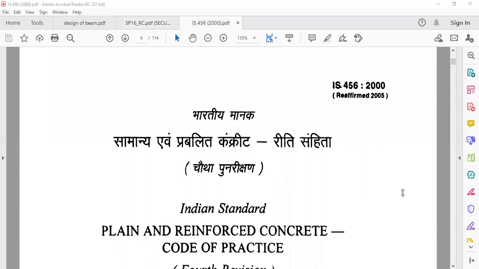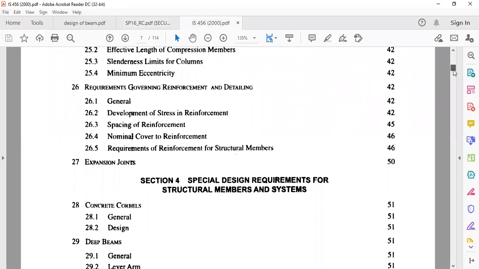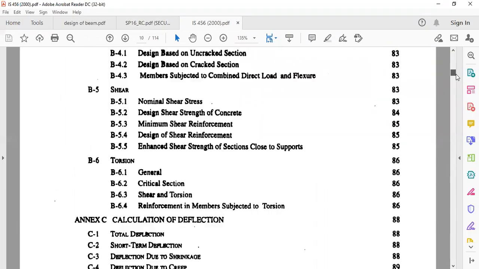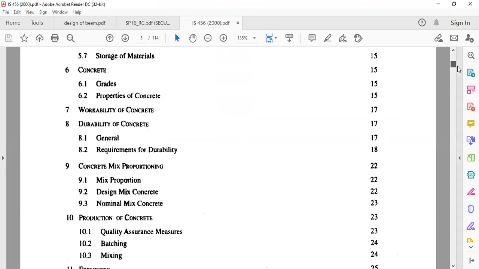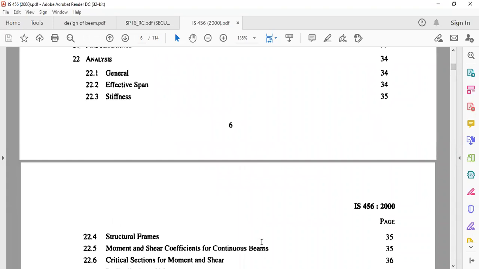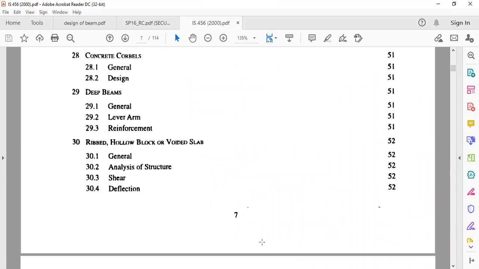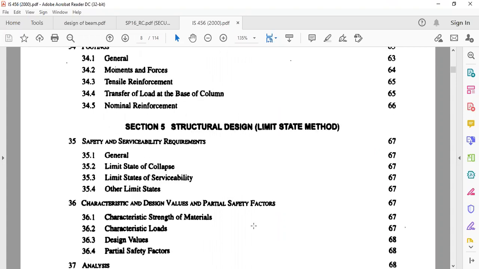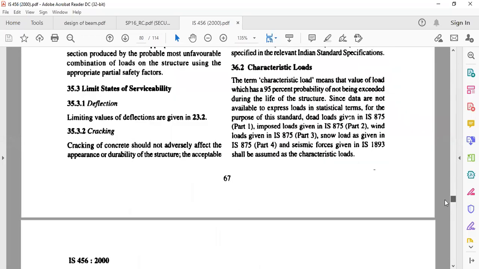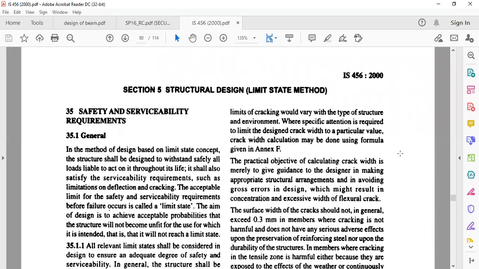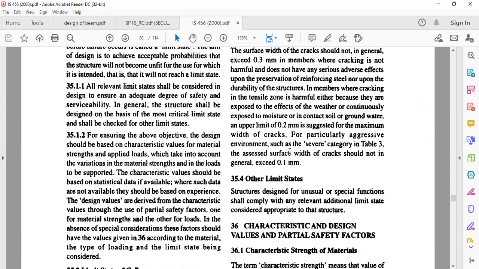So we have seen the limit state method. It is on page number 67. If you go to page number 67, you should know what this code basically consists of.